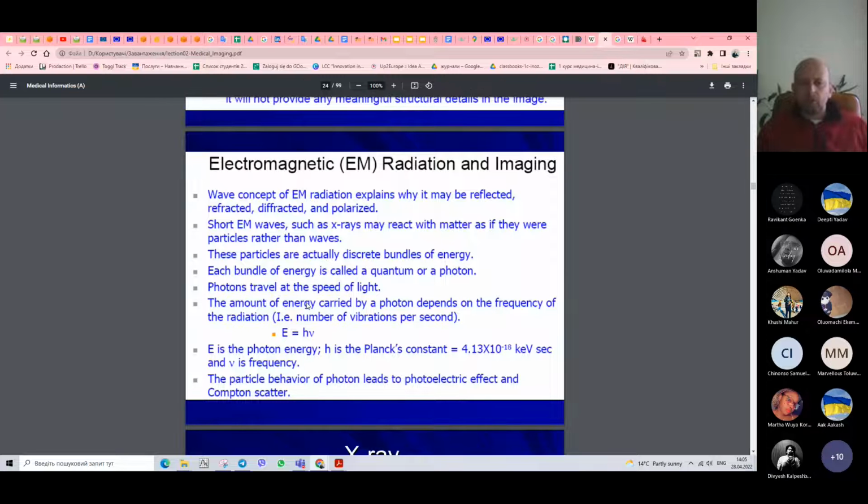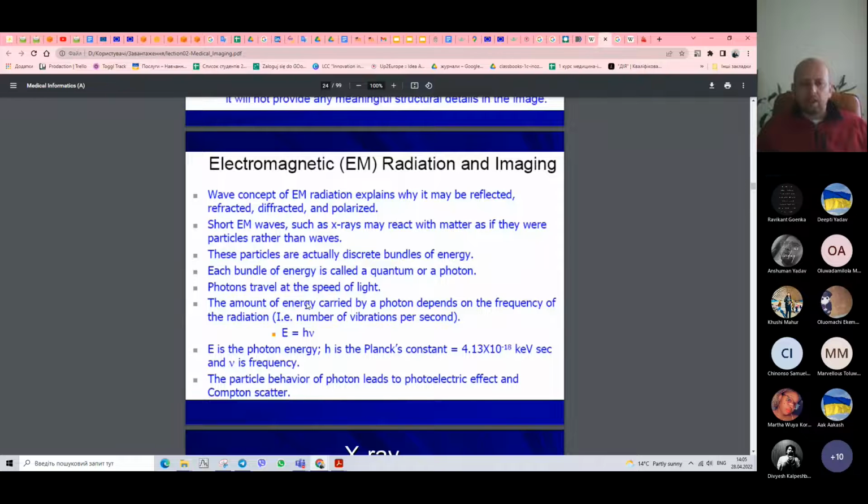Short electromagnetic waves, such as X-rays, may react with matter as if they were particles rather than waves. These particles are actually discrete bundles of energy. Each bundle of energy is called a quantum or a photon.